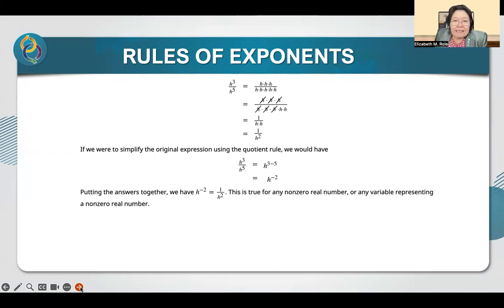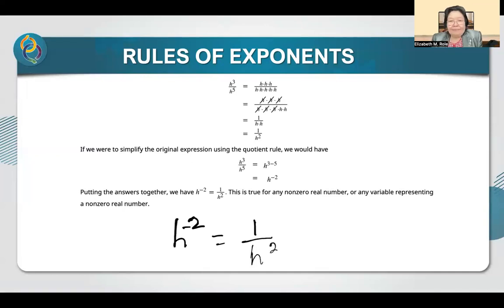And so using the quotient rule, 8 cubed divided by 8 to the 5th is the same as 8 to the 3 minus 5. And 3 minus 5 is 8 to the negative 2. So it tells us that 8 to the negative 2 is the same as 1 over 8 squared.